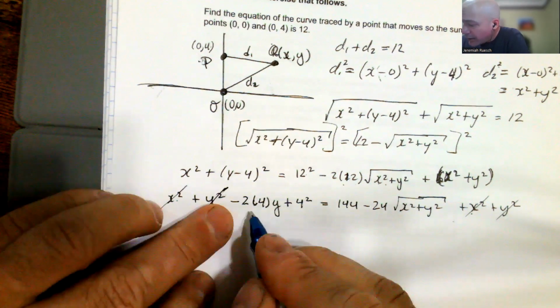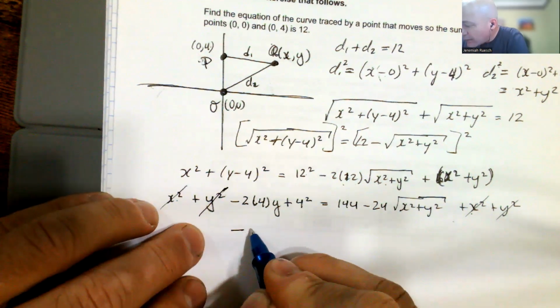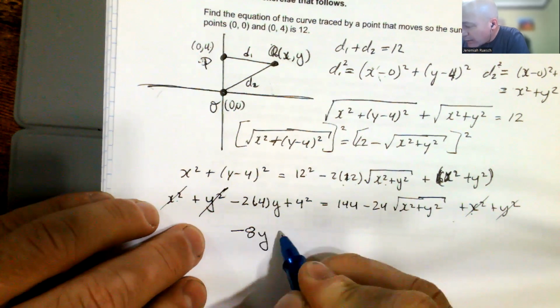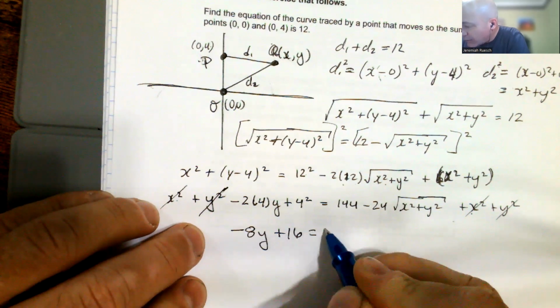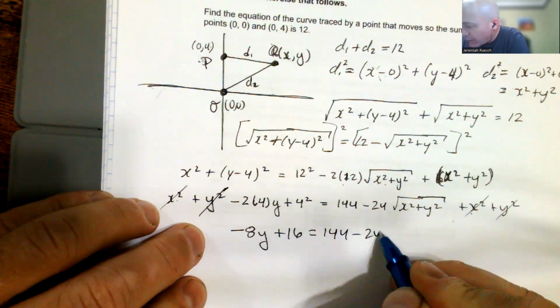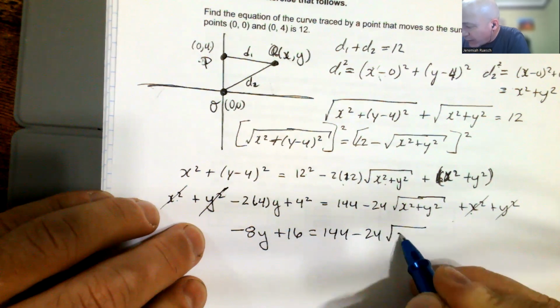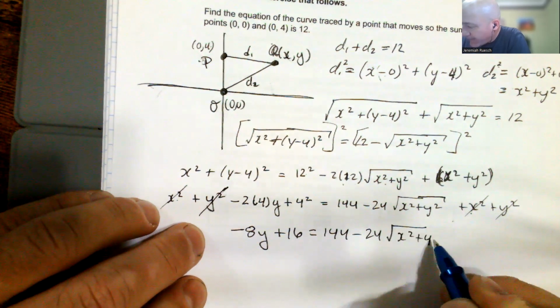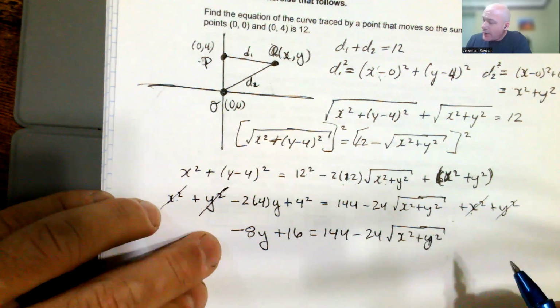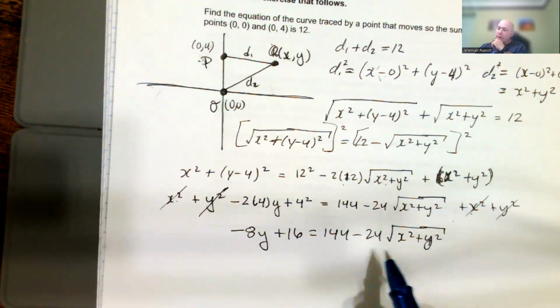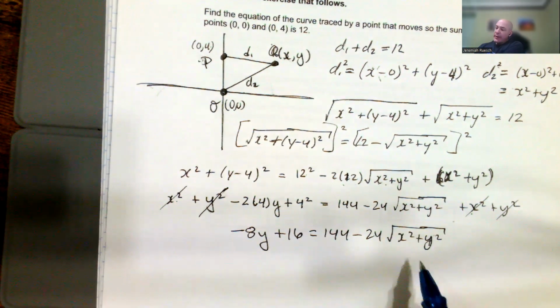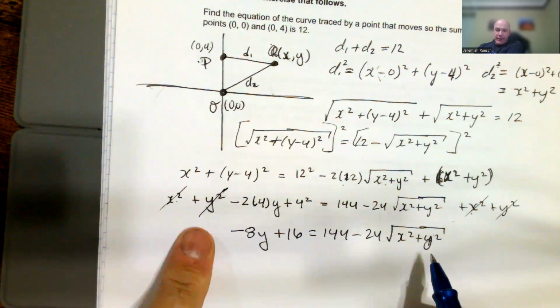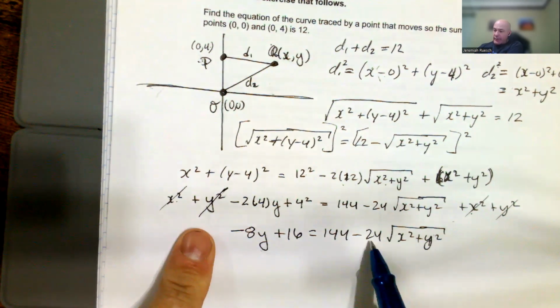And then here, this is going to be negative 8y plus 16 is equal to 144 minus 24 square roots of x squared plus y squared. Okay, so I'm going to move everything with a square root onto this side and move everything that doesn't involve that over to this side.